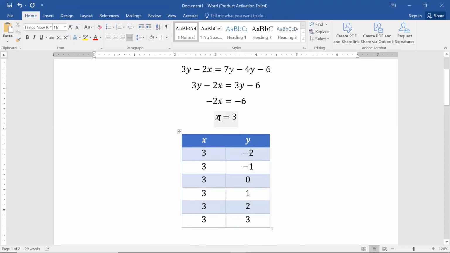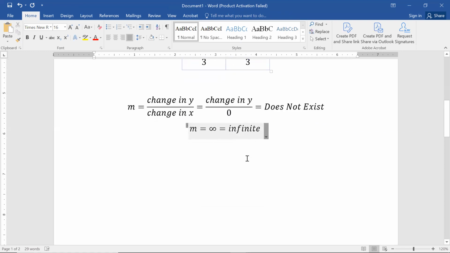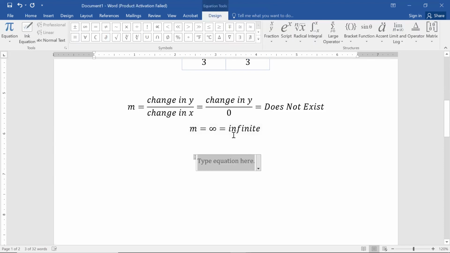By the way, if you have an equation like y equals 4, we could manipulate y equals 4 to look like slope-intercept form.